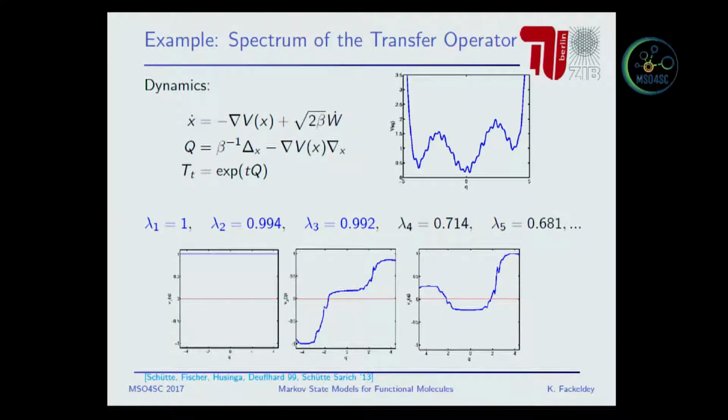So we are using these first three eigenvalues and their corresponding eigenfunctions here. And we see that they have, this is down here on the same scale as up here, so we see that these eigenfunctions corresponding to the eigenvalues really have a special structure within these minima. They are almost constant here.